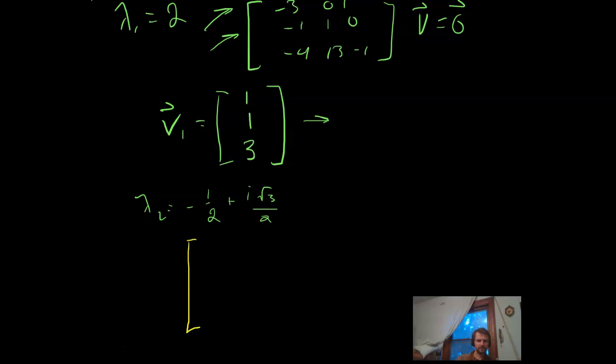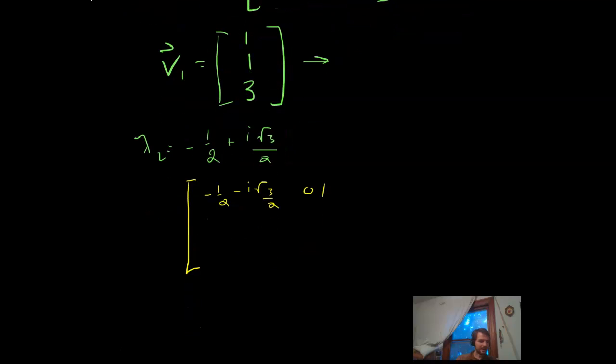So -1 minus this stuff would be -1/2 minus i root 3 over 2, 0, 1. I would have then -1. So 3 minus this would be 3.5, which is also 7/halves, minus i root 3 over 2. The last element is 0.